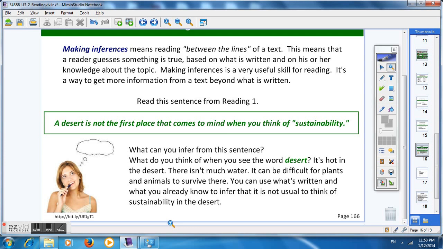It's hot in the desert. There isn't much water. It can be difficult for plants and animals to survive there. You can use what's written and what you already know to infer that it's not usual to think of sustainability in the desert.